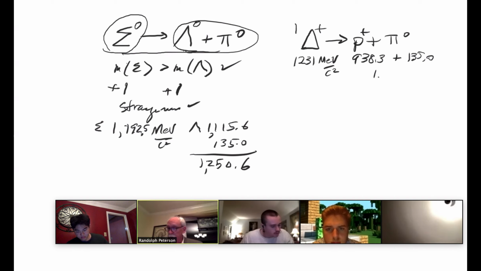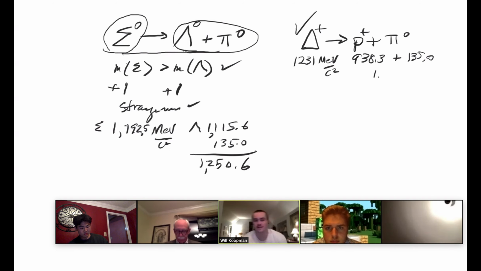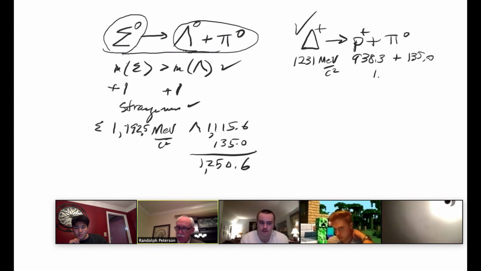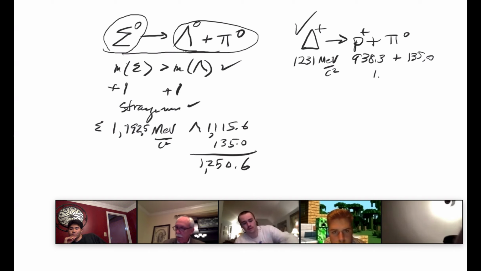So this one's a possibility then, isn't it? So this is a weak interaction, right? Weak nuclear force? I mean, it's a decay, so I assume it's weak. I'm just making sure I got it right.